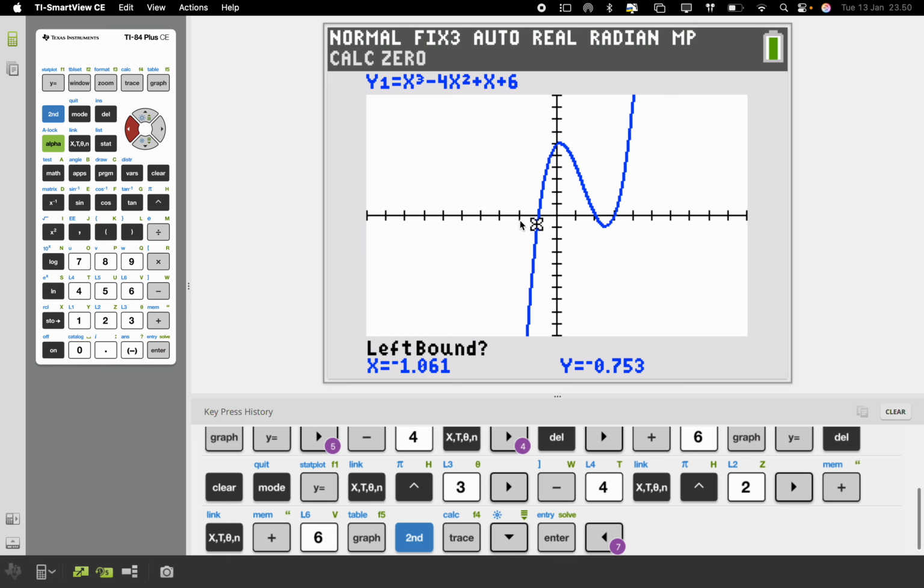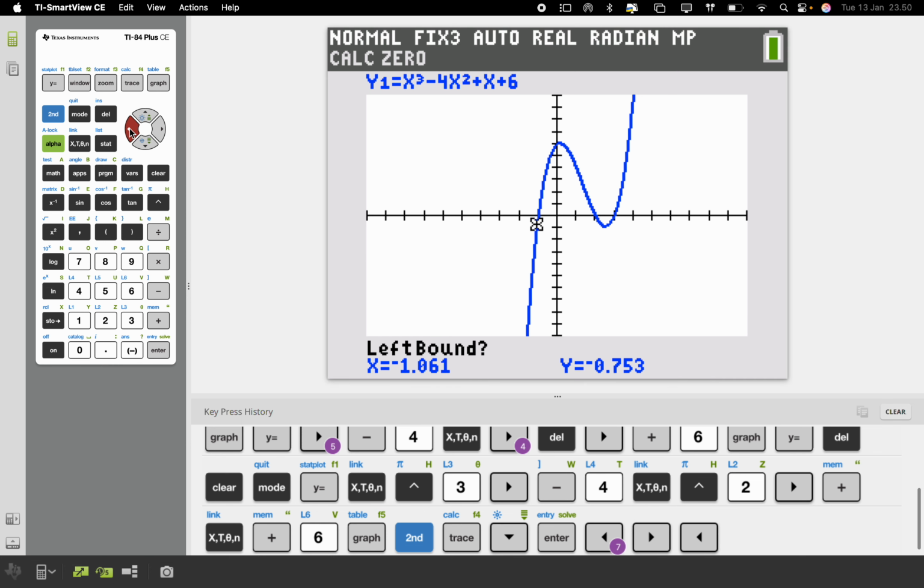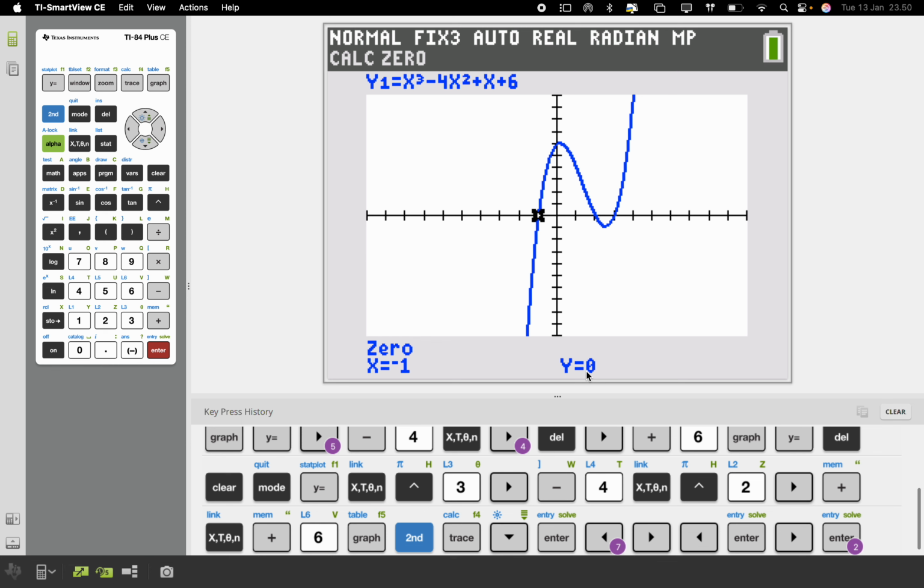We want to find this first one, but our cursor should be on the left side of this point, not on it or on the other side. So enter, then take your cursor to the right side and then enter and enter. So we get the first zero as negative 1 comma 0. You can see the value of the curve y equal to 0 or f(x) equal to 0 at x equal to negative 1. That's the intercept and that's the root.